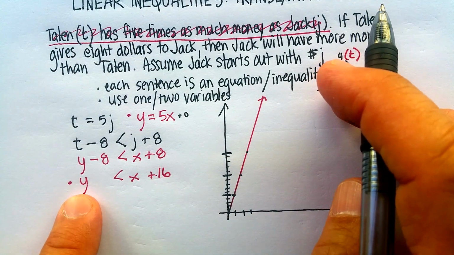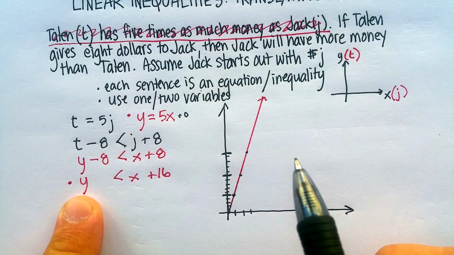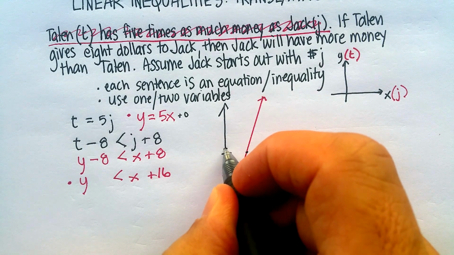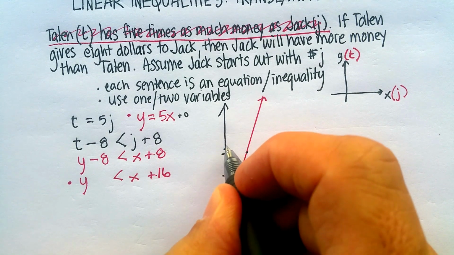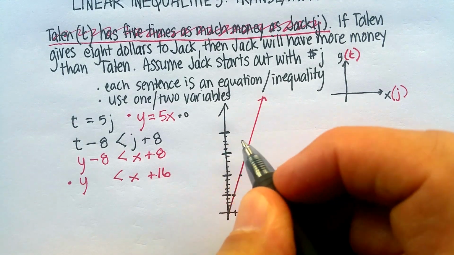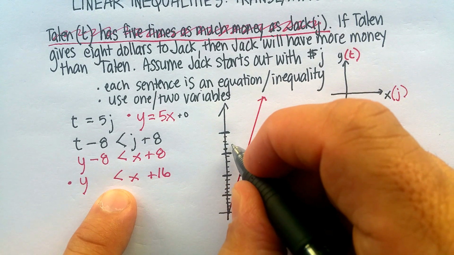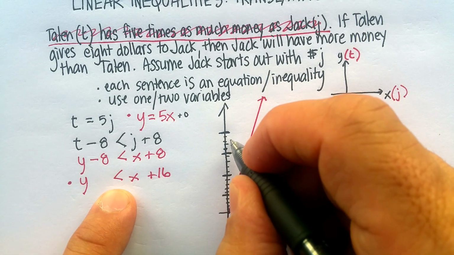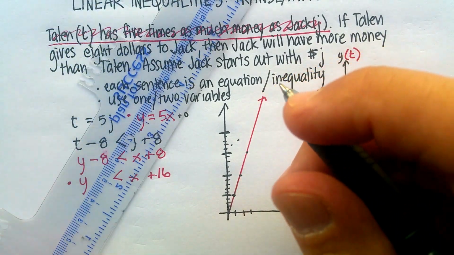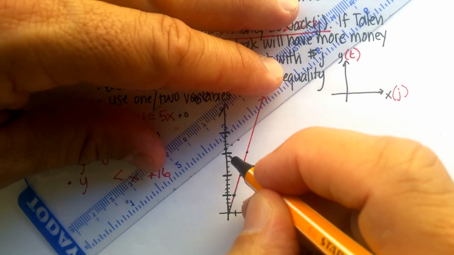Now let's try this one. Y is less than, but not equal to, x plus 16. That means that I have an intercept at 16, so that'd be 16, 17, 18, 19, 20. So there's that. My slope is 1. That means I go up 1 over 1, up 1 over 1. Let's go ahead and graph that line. There we go.